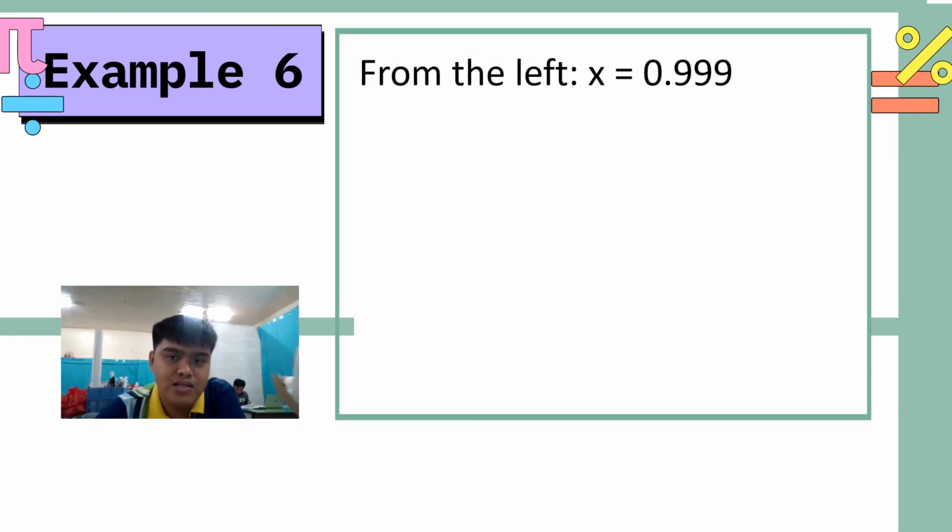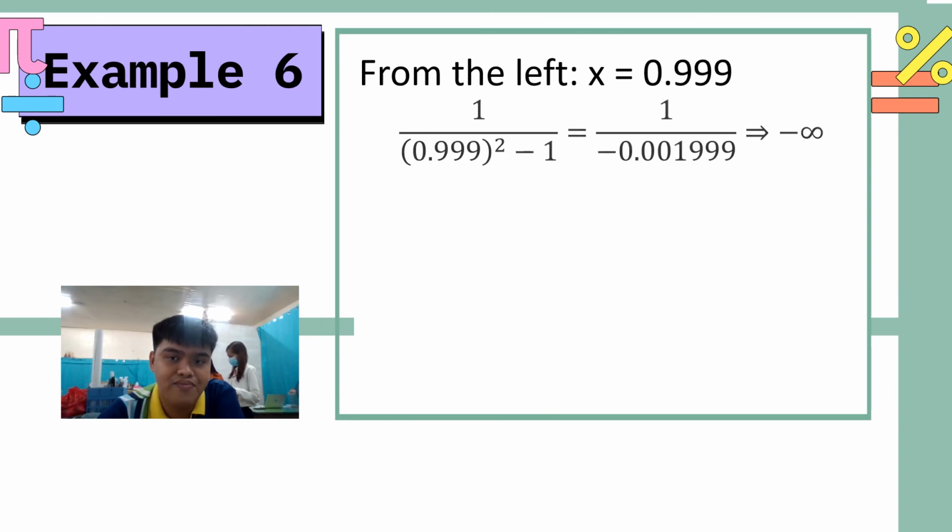Now upon testing from the left, we choose 0.9999. It will result to 1 all over negative 0.000199. Now, since this is a very small negative number, it will result to negative infinity.